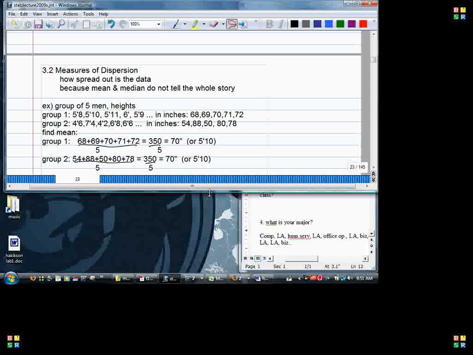You're quite right. So one way to describe this is to talk about from the lowest to the highest. So if you look at lowest to the highest, what do we have for group 1? But now if we want to summarize that using one number, what would that one number be?